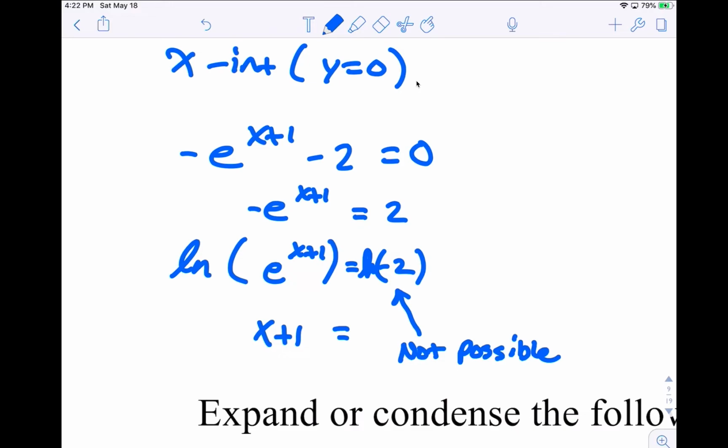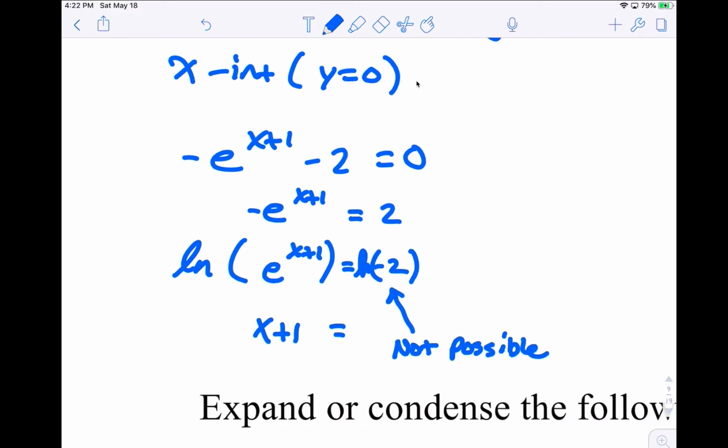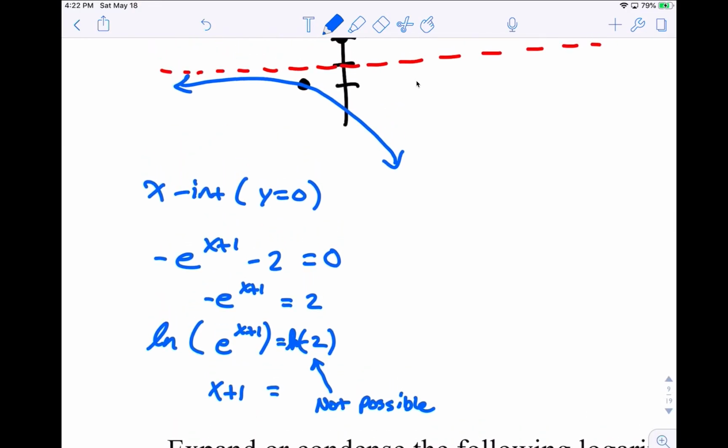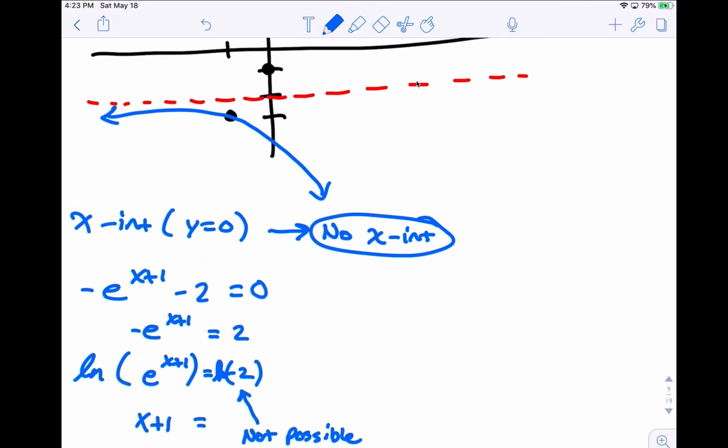I can only take the natural log of a positive number. Again, that goes back to its domain. So if this equation is not going to work, then there is no x-intercept. Now you guys should pretty much figure that out from the graph. We obviously did not cross the x-axis.